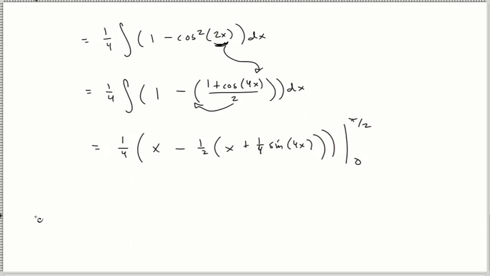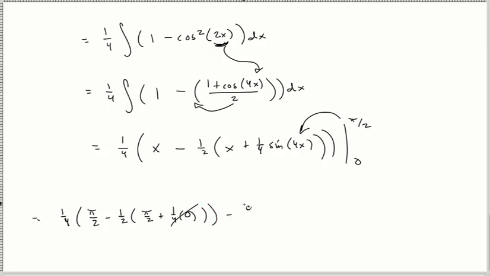All right, plugging in the pi over 2. My 4s are not looking great today. I got pi over 2 minus 1/2. I have pi over 2 plus 1/4 sine of pi over 2, but times the 4 actually is going to make a 2 pi, and sine of 2 pi is a 0, so that'll go away.